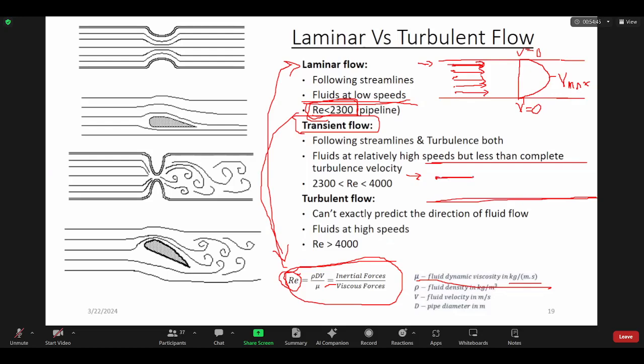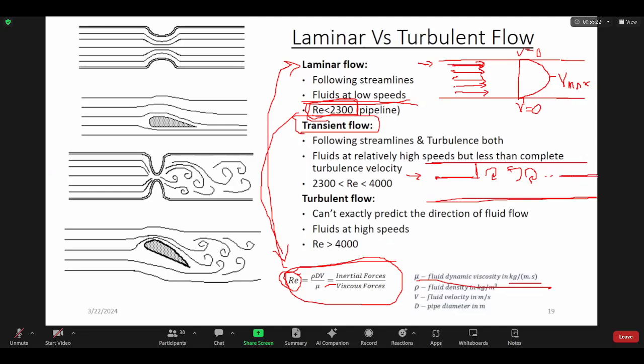Then I will draw some barrier here. After this barrier, the particle will move in different directions. It means it will be turbulent flow. Then after that it will again come to a straight line.